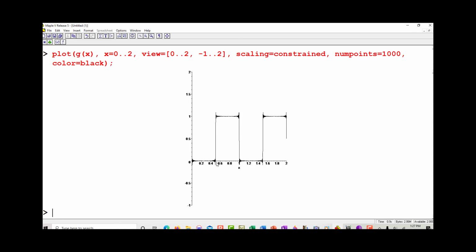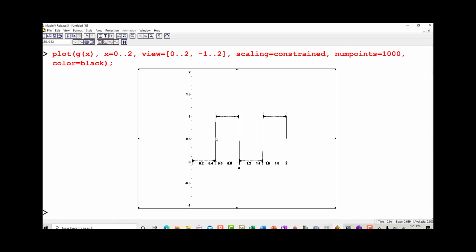Our function was defined to be 0 at x equals 1/2, not 1/2 at x equals 1/2. But the L2 norm can't detect the difference on a set of measure 0. So what happens at x equals 1/2 is irrelevant.